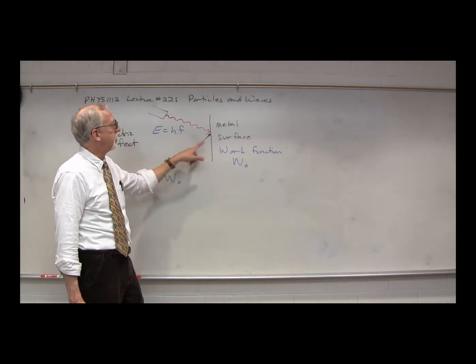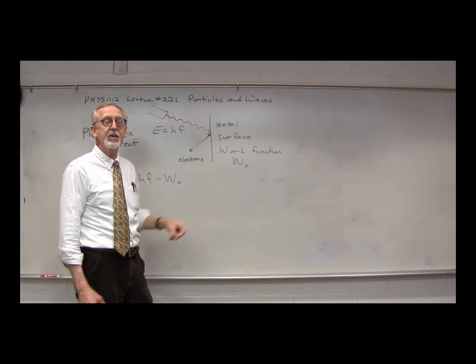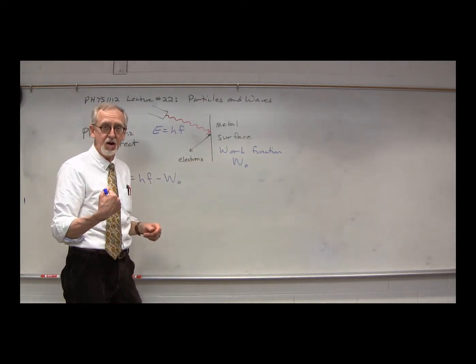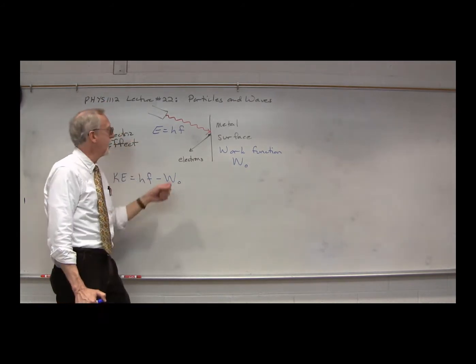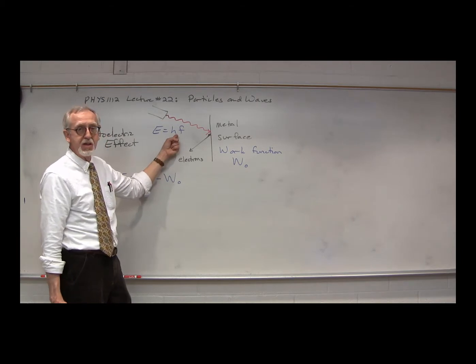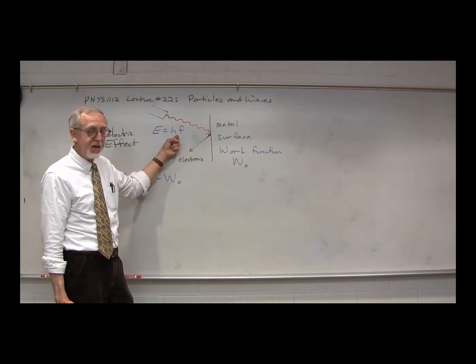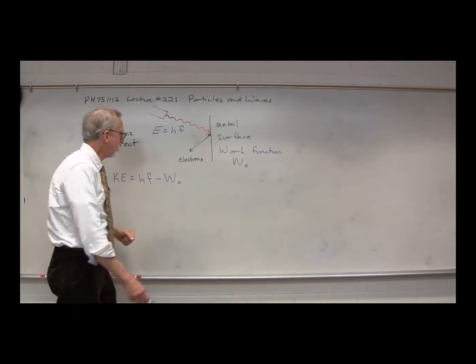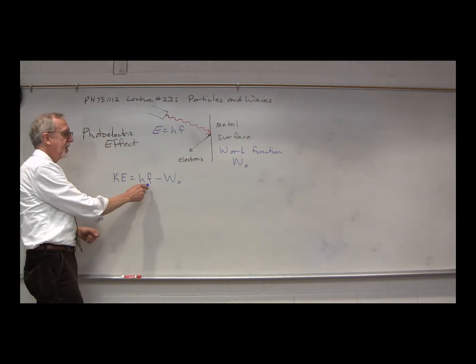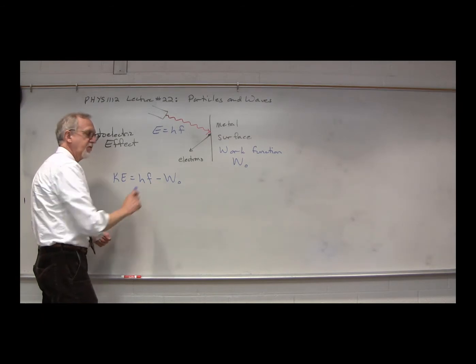But if this is larger than W sub O, the electron is able to be knocked off, and the amount of energy that it then has left over as kinetic is the difference between what it was given by the light minus what it had to use to get off of the surface. So the kinetic energy of the electron is then equal to hf minus W sub O.